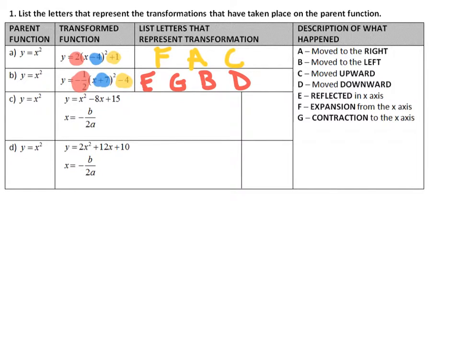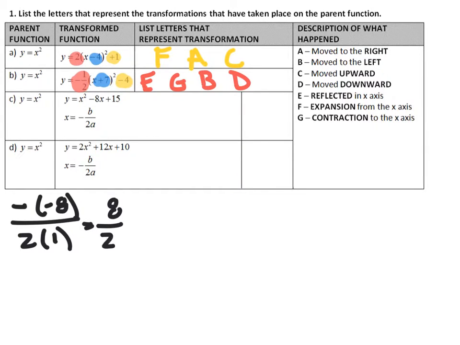Now the next one is a little trickier. It's in standard form. So we need to do the negative of B, which is the negative of -8, over 2 times A. So I get 8 over 2, and I get 4. Now that's the x of the vertex.